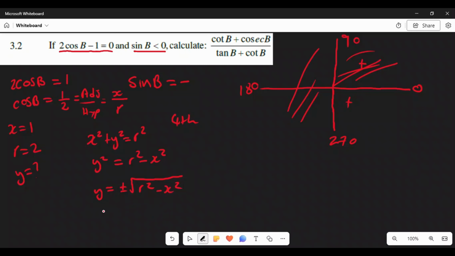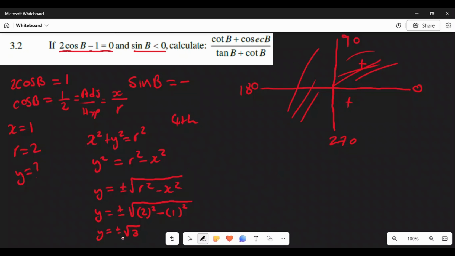Now what is our r squared? So r squared here is gonna be 2 to the power of 2, and then our x squared is gonna be minus 1 to the power of 2. So if you put this on a calculator, you will have the following: plus or minus square root of 3.